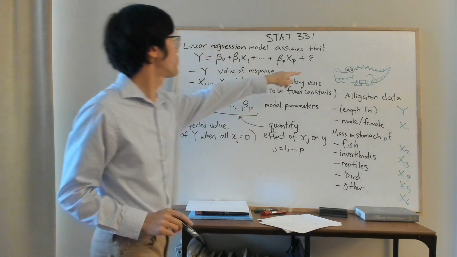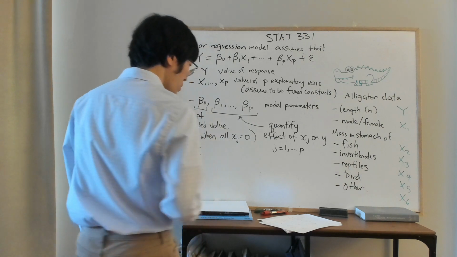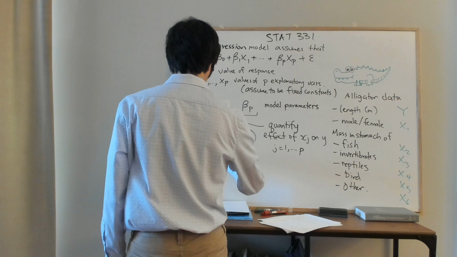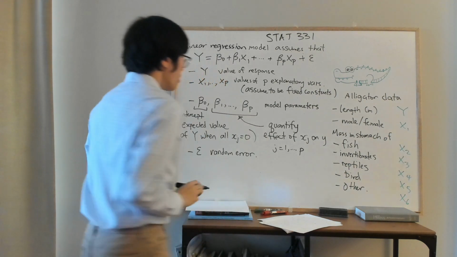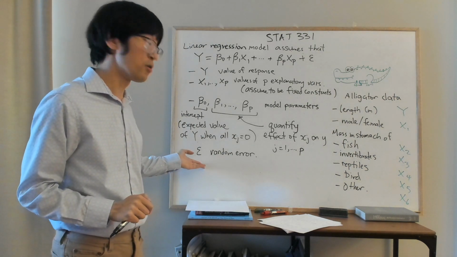And then finally, we have this epsilon term. We simply call this our random error. You may ask, why do we need an epsilon term?